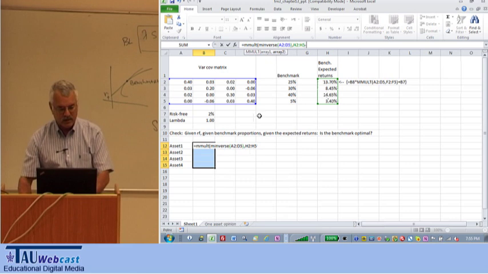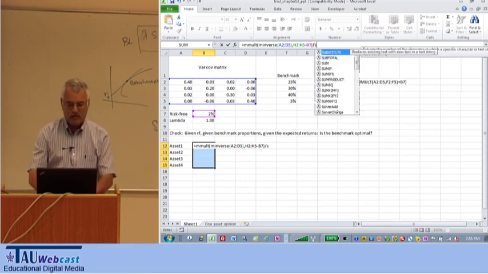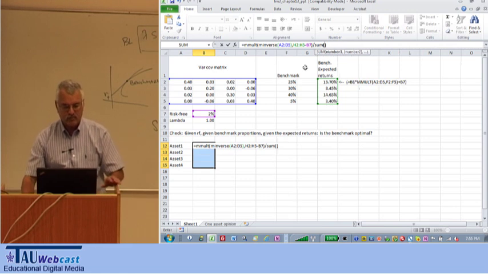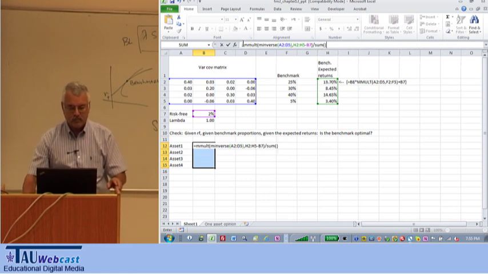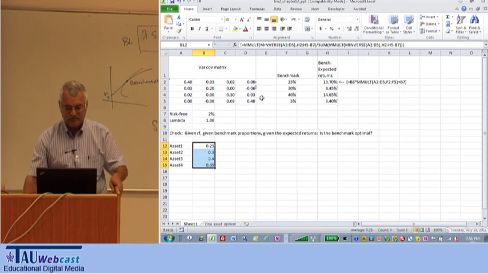Expected returns minus the risk-free rate, divided by the sum. Control-Shift-Enter.